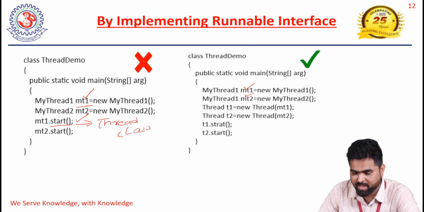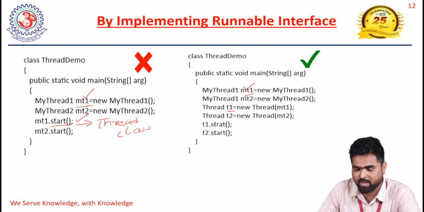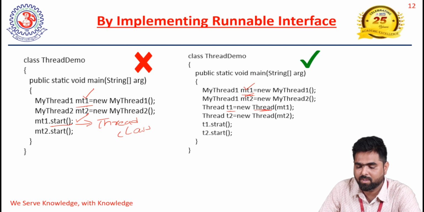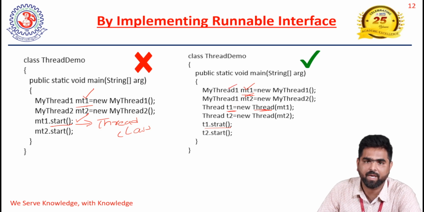Now if you observe, the object I created for this class, I registered with the thread class here. So when I register that object with the thread class, I created one more object T1. When I call T1 dot start, whatever run method I have defined inside my thread 1 class is going to be called and executed.